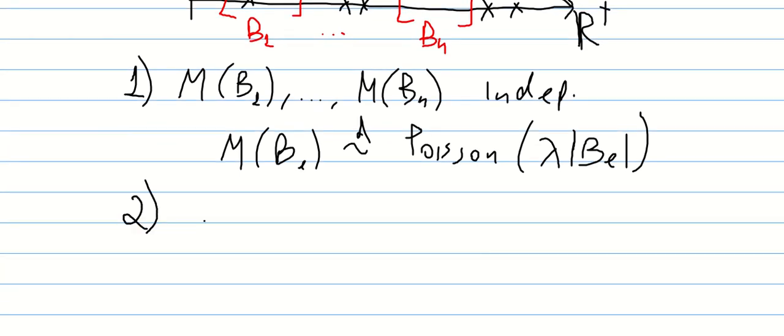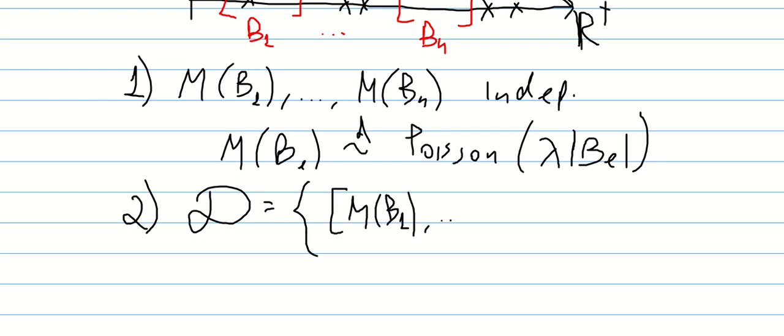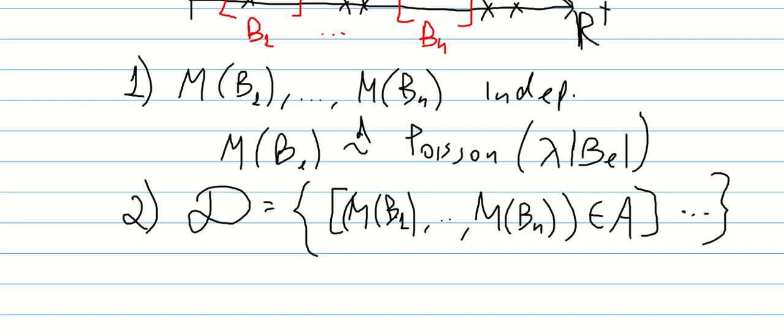Another observation is that the set D that gives us all the vectors M of B1, ..., M of Bn belonging to A was a pi system that was sufficient to show uniqueness.